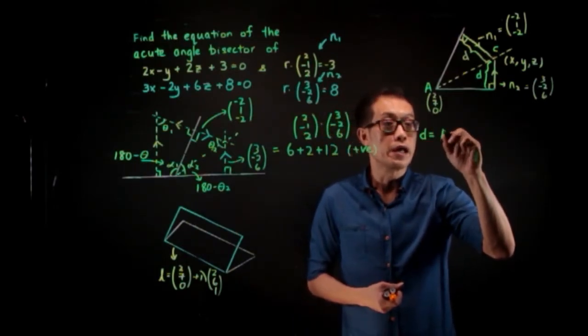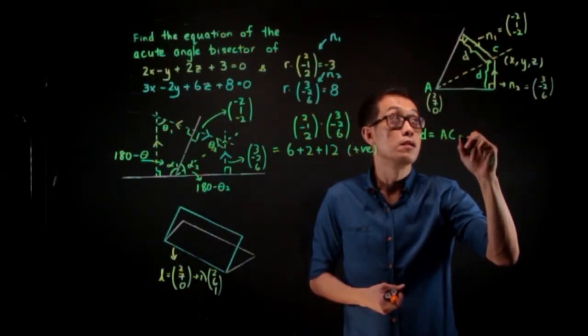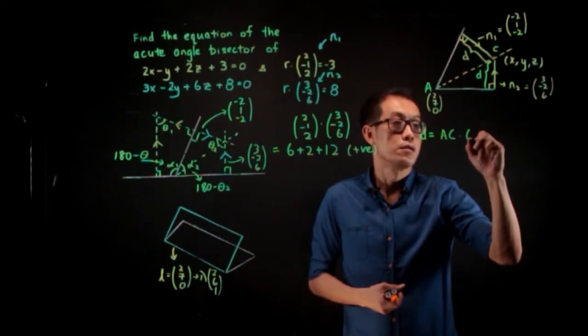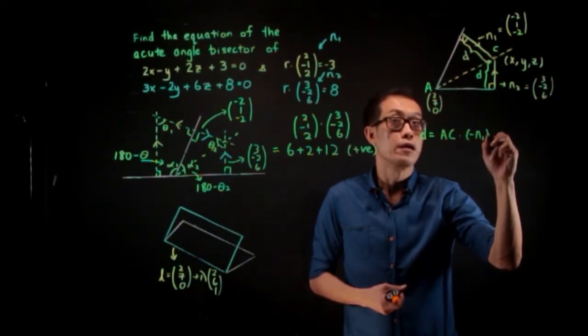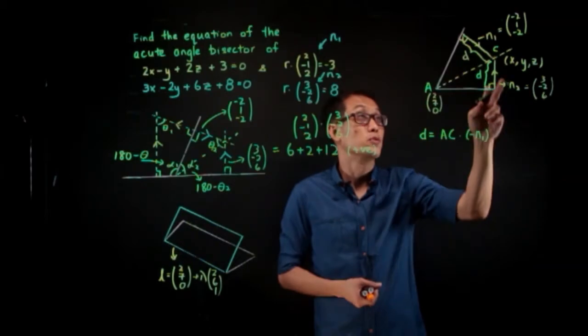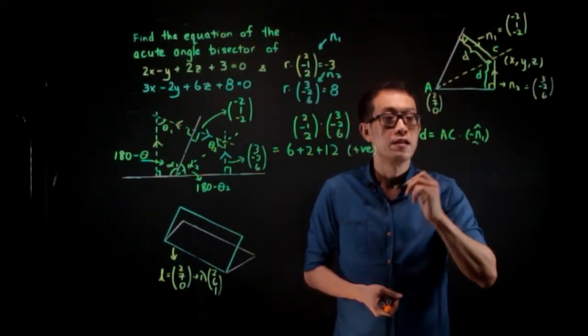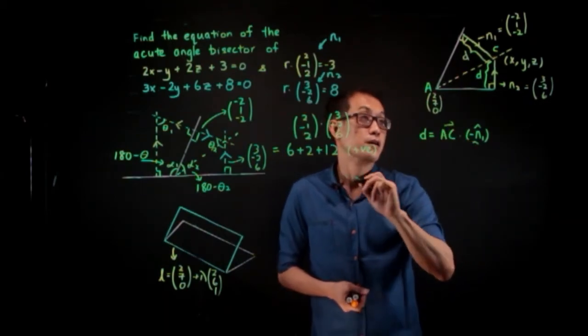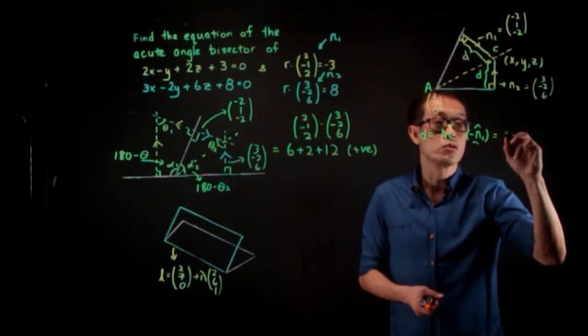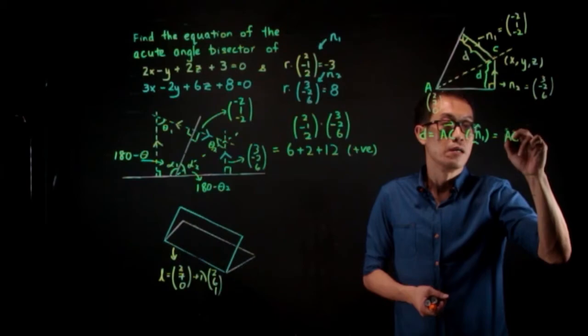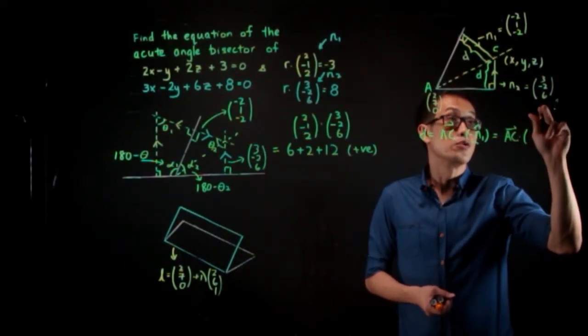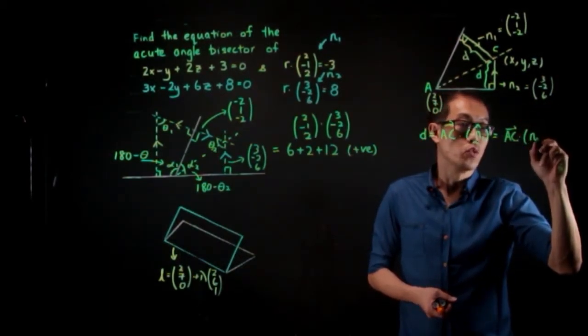So it will be AC dot minus n1, the unit vector, which will also be equal to AC dot the unit vector n2.